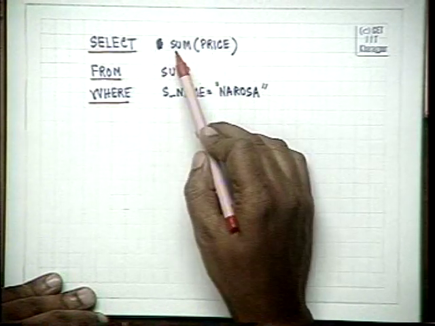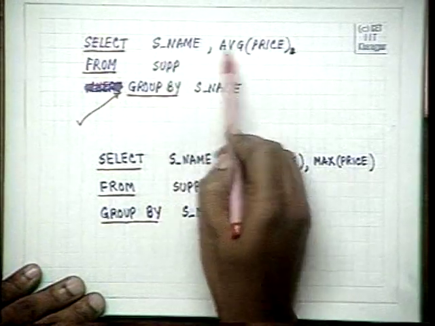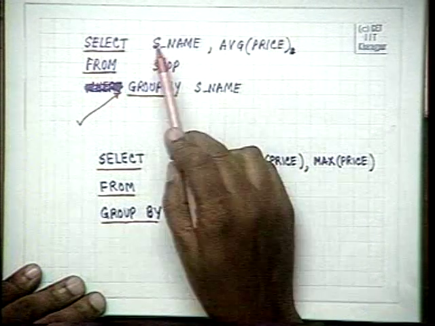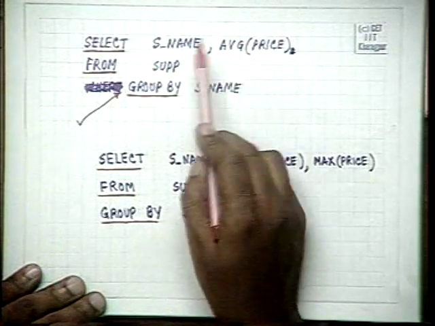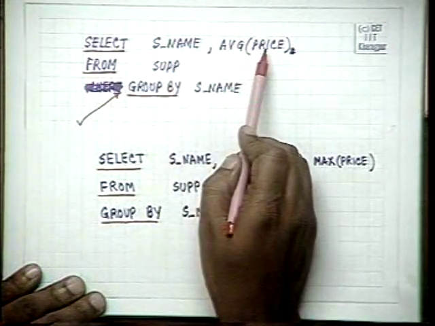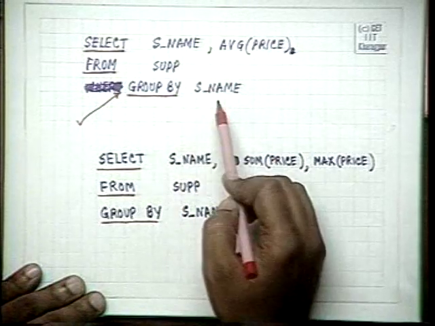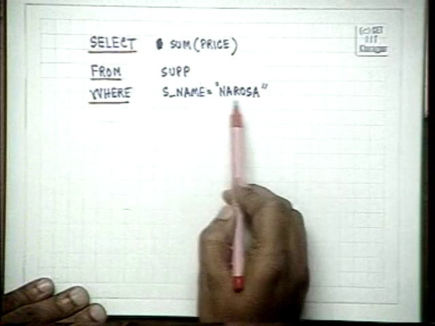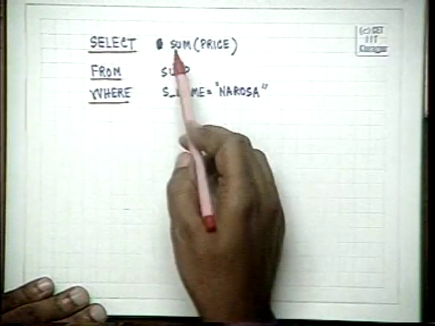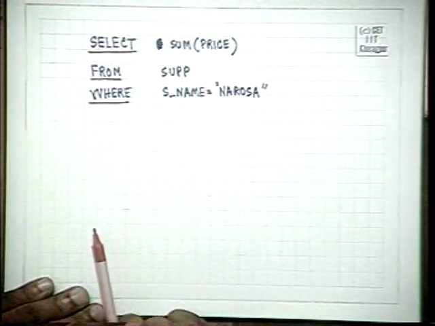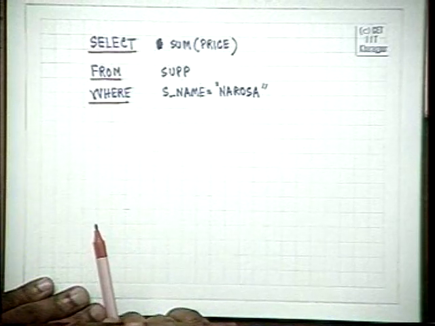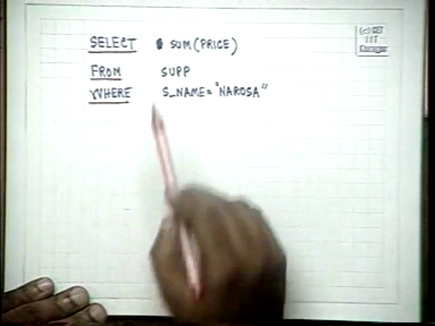In a situation like this, you are returned with a table with a name and a price. So corresponding to this name you had the price, so you grouped it by this name. But in here you have selected out Narosa, so you need not have the name of Narosa.